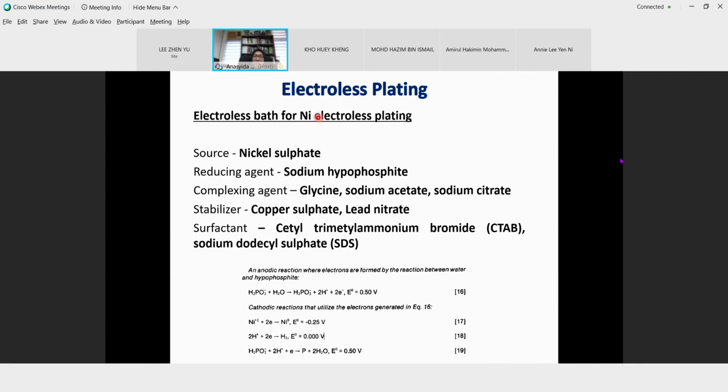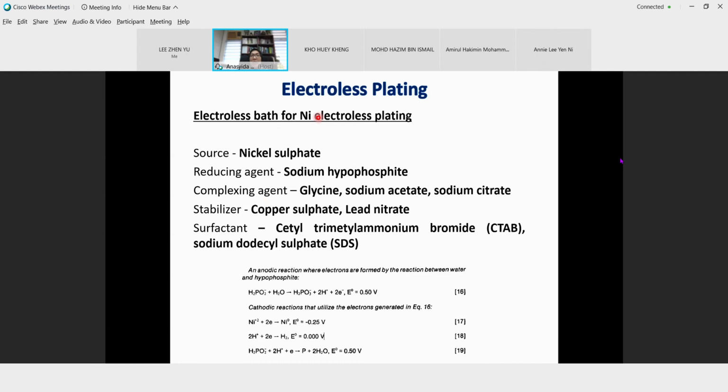For the electroless coating on the pad of PCB, we can use NiP, we can use electroless nickel, we can use aurum, gold electroless gold, or combinations of nickel and gold. So there are many.